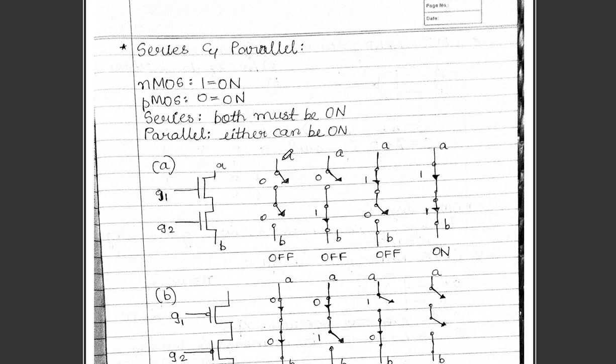Here you can see when A is 0, the switch is in off state, and B is 0, then the switch is in off state, and hence it is totally in off state when both NMOS are connected in series.